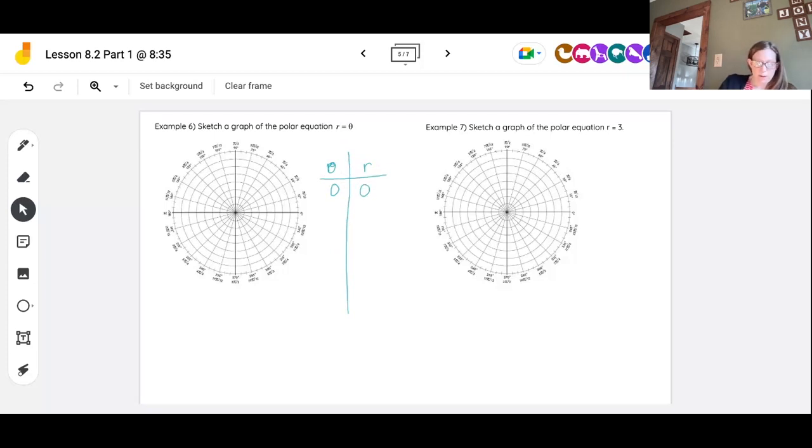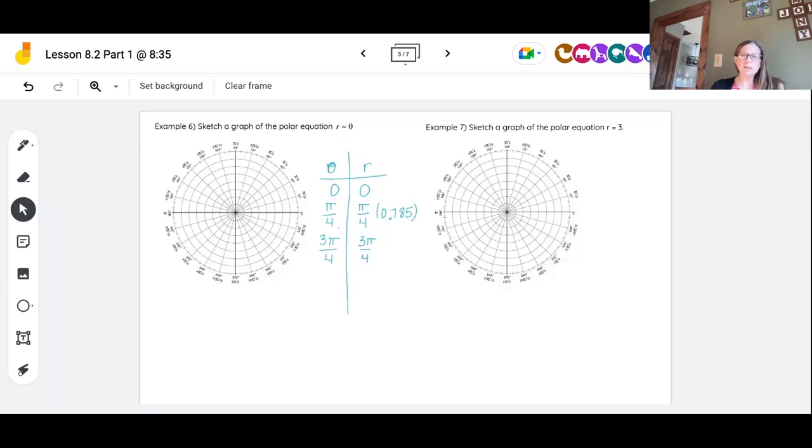So when our theta was pi over 4, our radius would also have to be pi over 4 because they're equivalent to one another. And of course, if it's helpful, we have 0.785, like the decimal version of the radius. And this will continue all the way around.